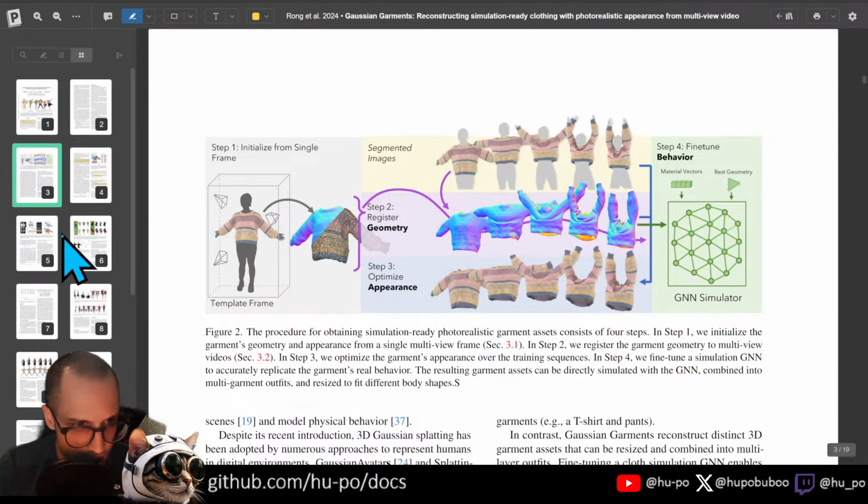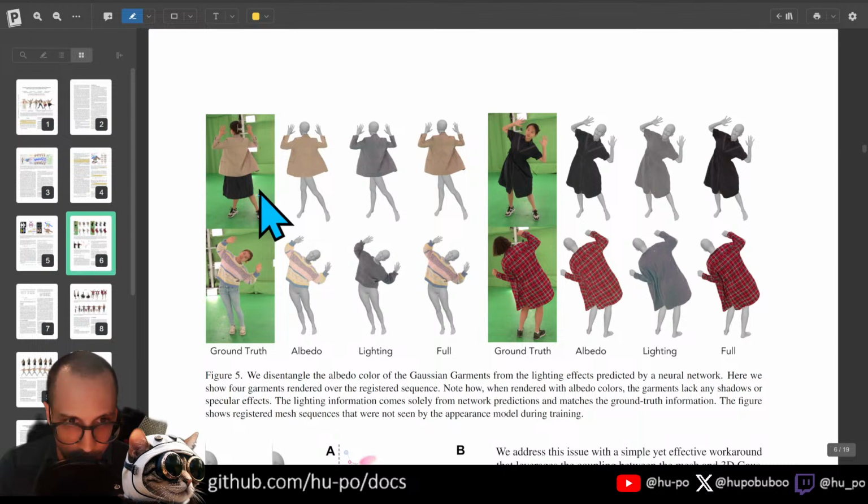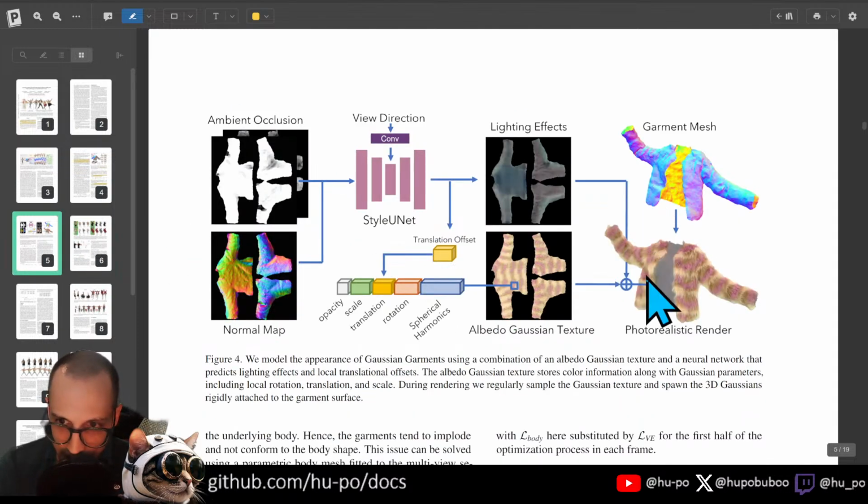And this one's kind of similar too. They basically start from a very expensive multi-view data set of this person with the clothing, right? At some point, you don't want to have to record this person in this very specific place with 400 different cameras looking at them in order to create this clothing.